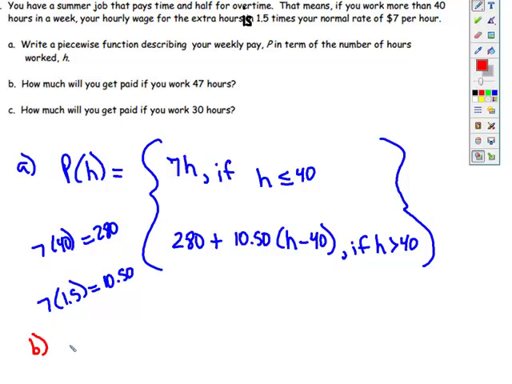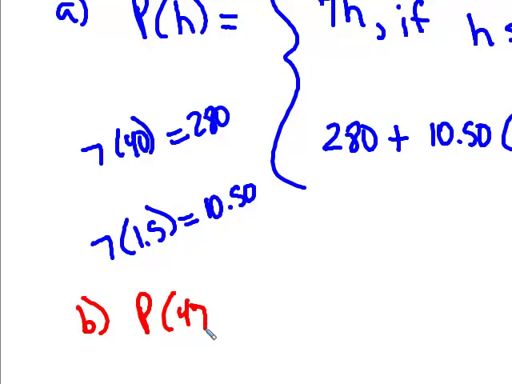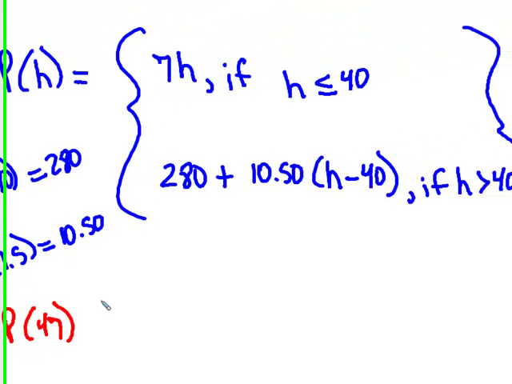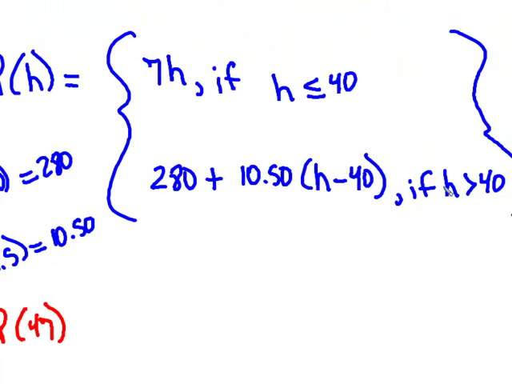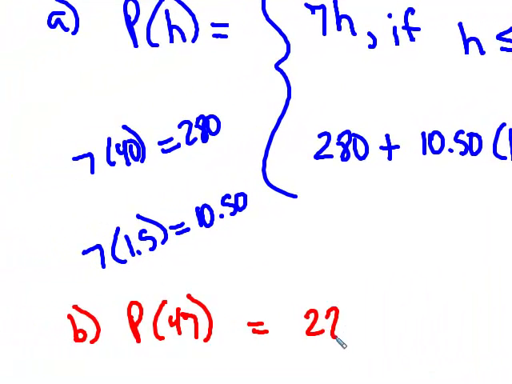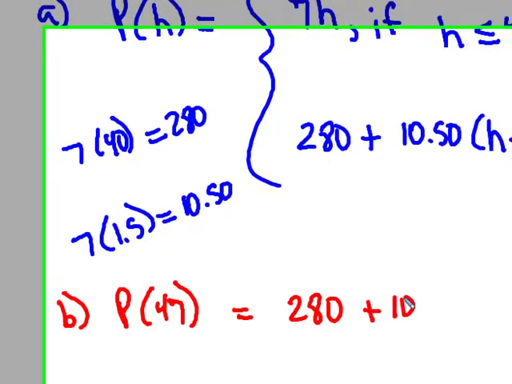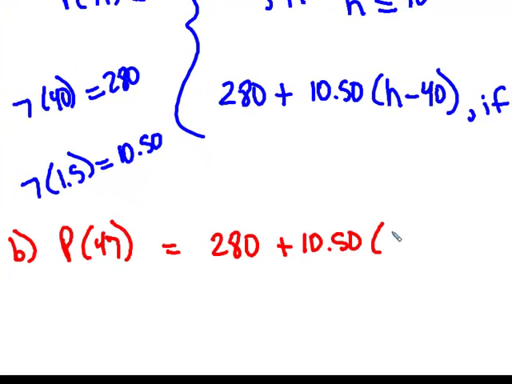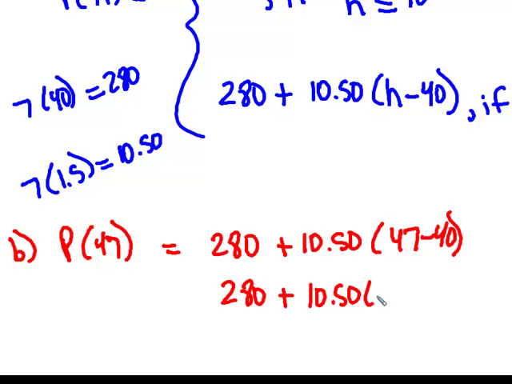So part B, they want to know what happens if we're evaluating P at 47. Well, we're going to look at the second scenario here because 47 is greater than 40. So we're going to take 280 plus 10.50 times 47 minus 40. So that's 280 plus 10.50 times 7.